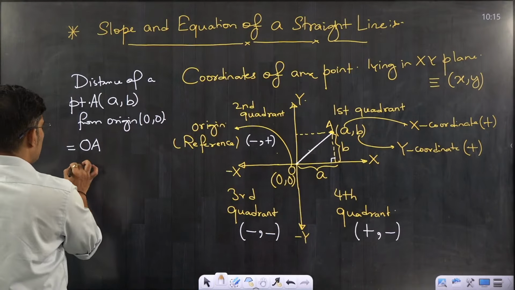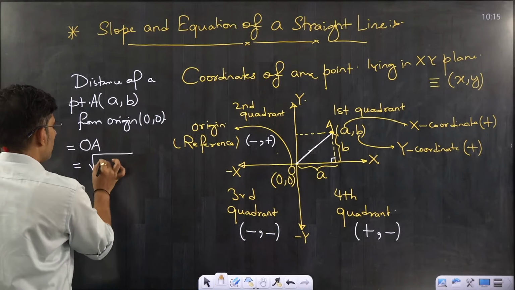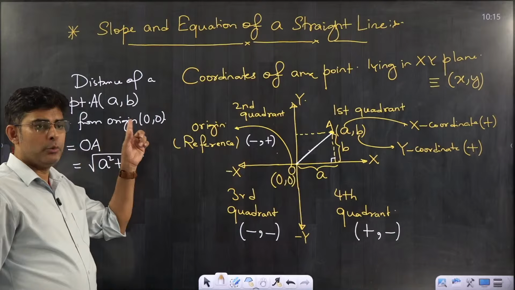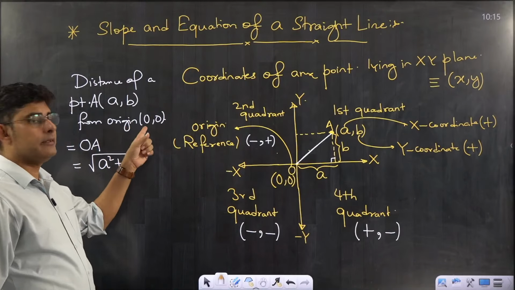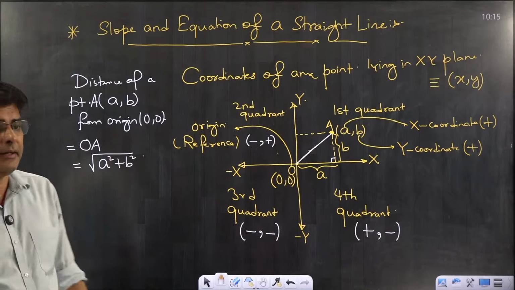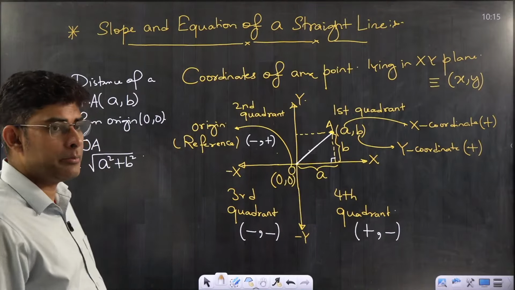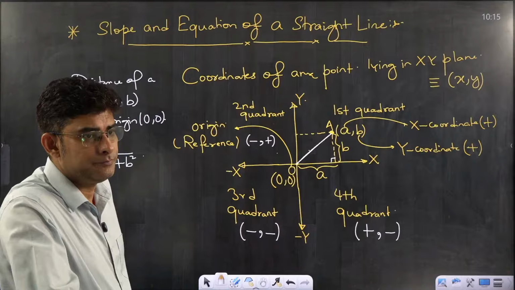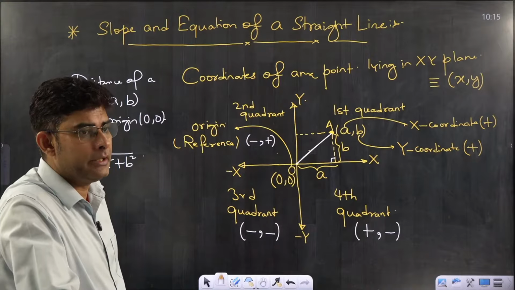So whenever they ask what is the distance of any point whose coordinates are known from the origin, we directly take the distance as under root of A square plus B square. I hope it is clear?